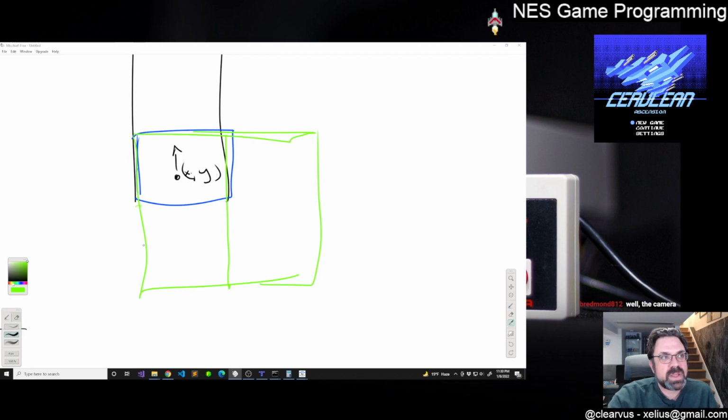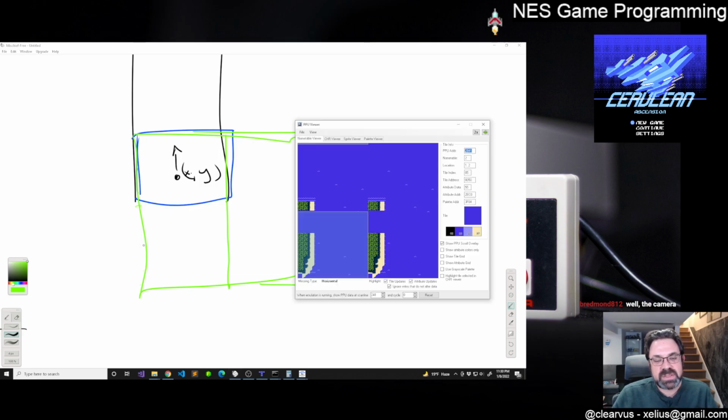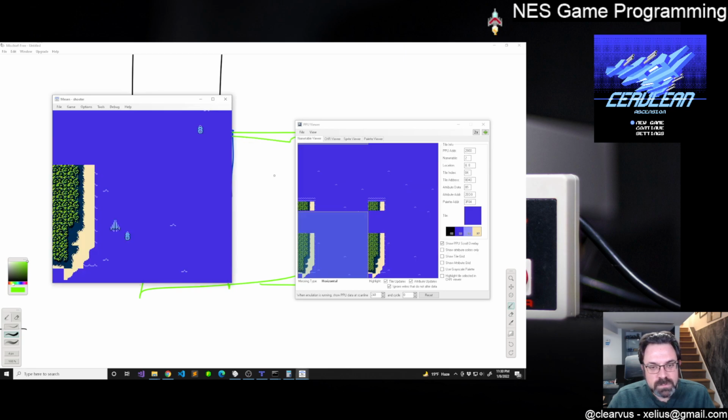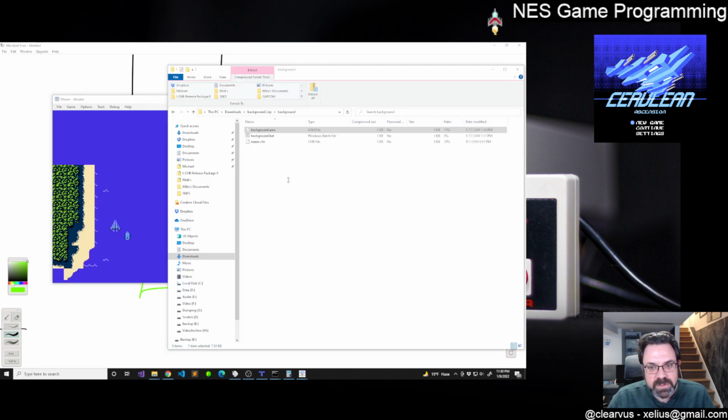So, one way to look at this that is simplified and makes it a little bit easier to understand is, let's go back real quick to our ROMs here.